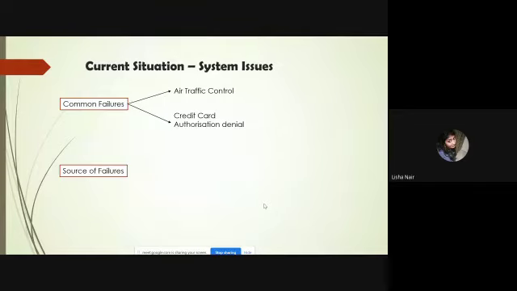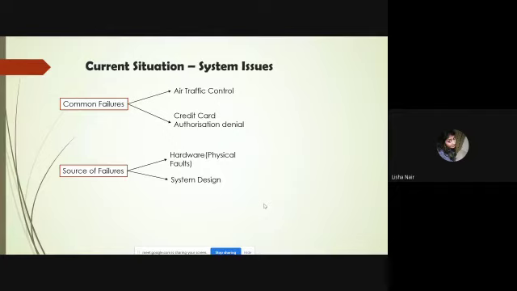Then, on a day-to-day basis, even credit card authorization denial is a common failure in an embedded system. What are the sources of failures? It's basically because of a hardware failure, some fault, some wiring connection, some circuit disconnect, something of that sort. We don't say that it will definitely be the software, but it could be because of the connection or the links associated. Or even the system design.